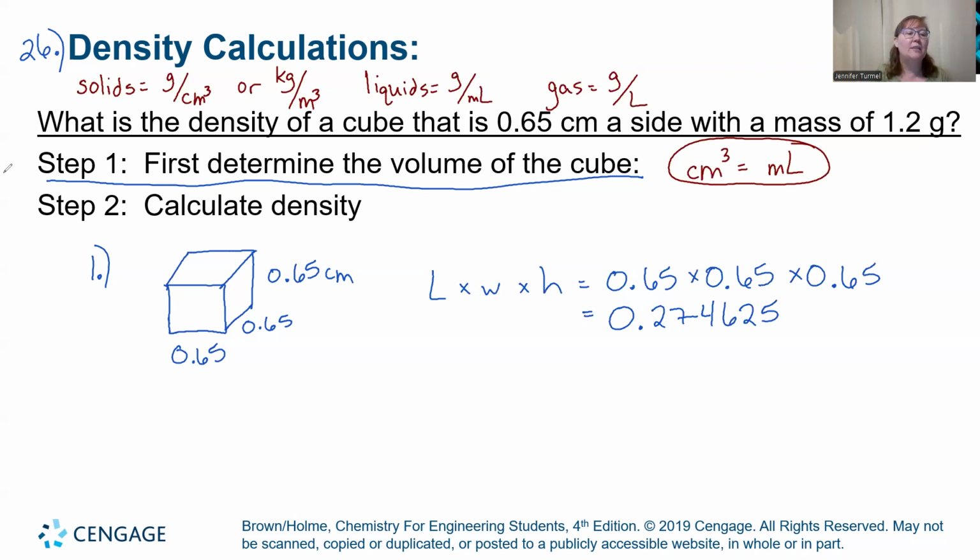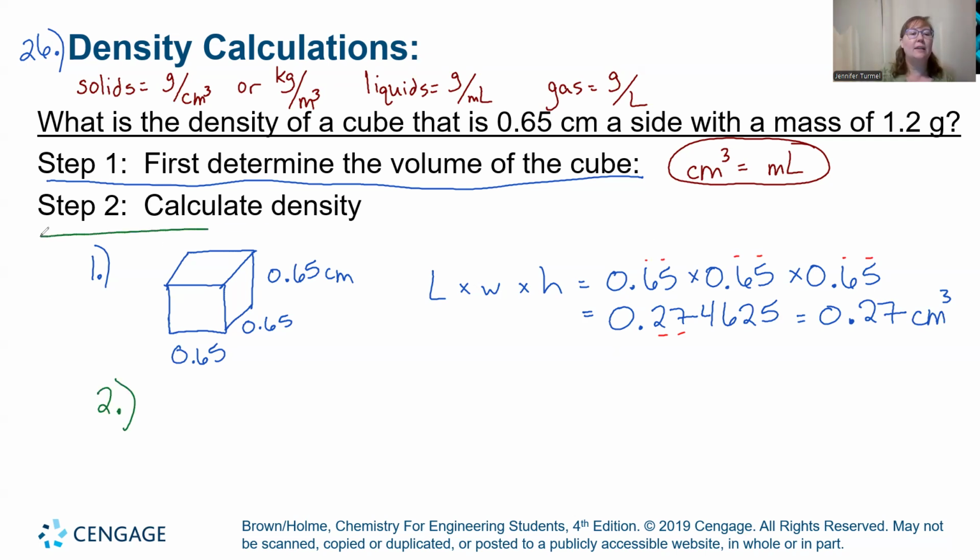But again, we need to stop for a second. We need to find our significant figures. So here we have 2 significant figures, which means we can only have 2 significant figures in our answer. And that gives us 0.27 cubic centimeters.